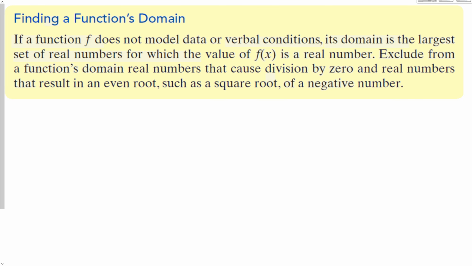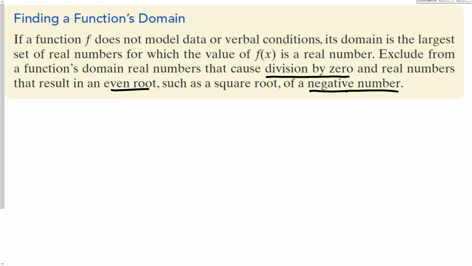So, finding a function's domain. If a function f does not model data or verbal conditions, its domain is the largest set of real numbers for which the value of f of x is a real number. Exclude from a function's domain real numbers that cause division by 0 and real numbers that result in an even root, such as the square root of negative numbers, even roots of negative numbers.